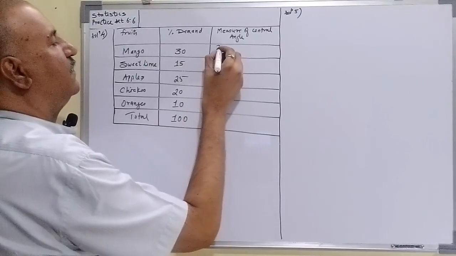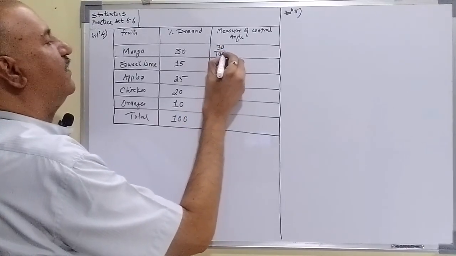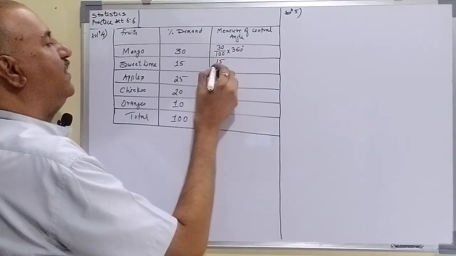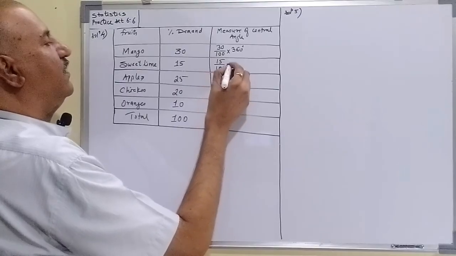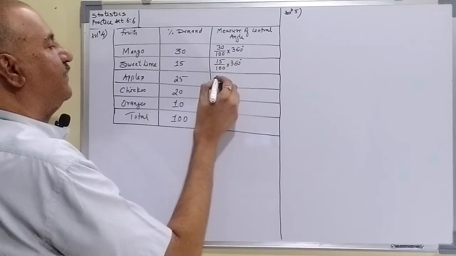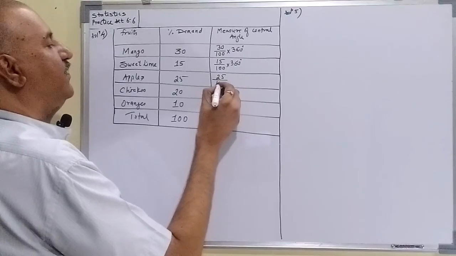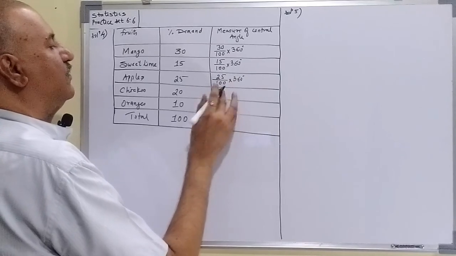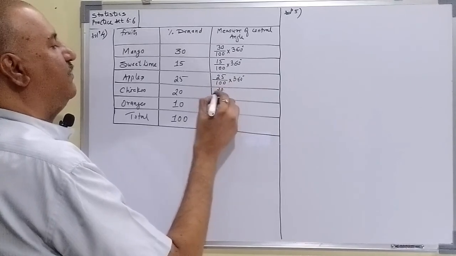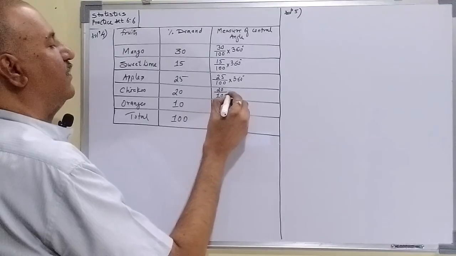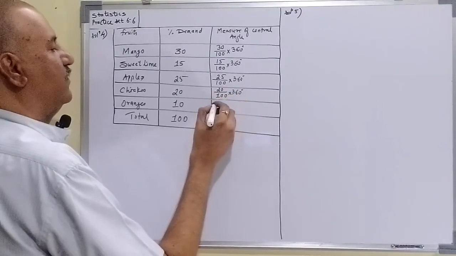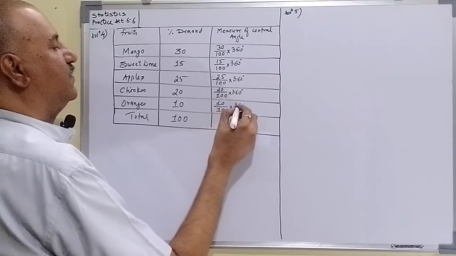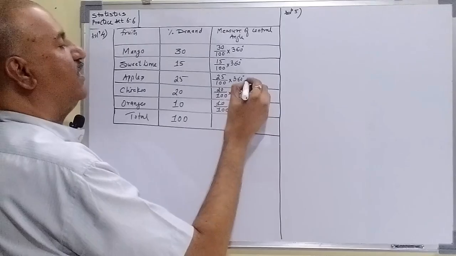Now this is 30 upon 100 into 360. 15 upon 100 into 360. 25 upon 100 into 360. 20 upon 100 into 360. 10 upon 100 into 360. अब इसको कैलकुलेट कैसे करें?